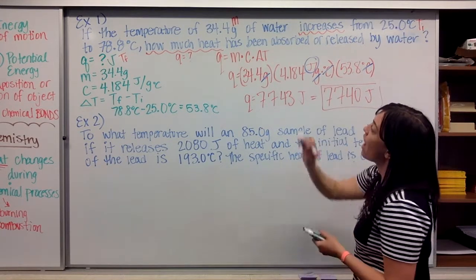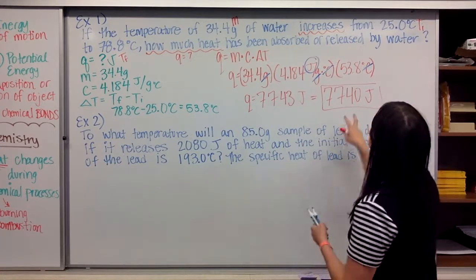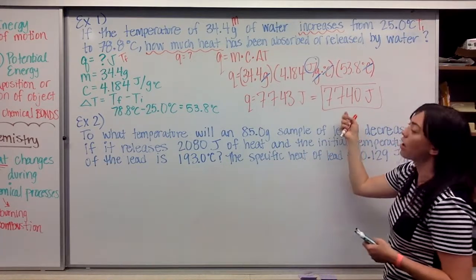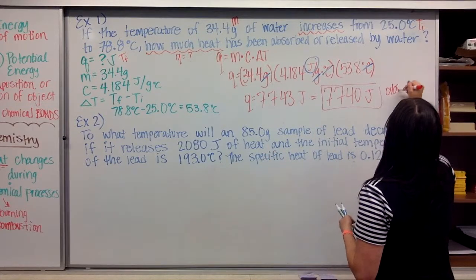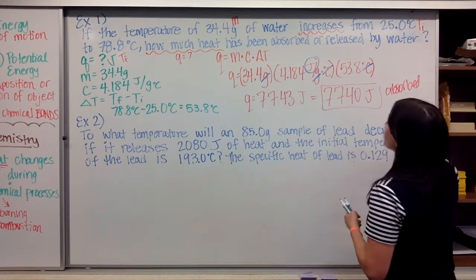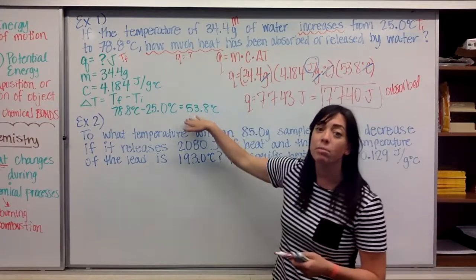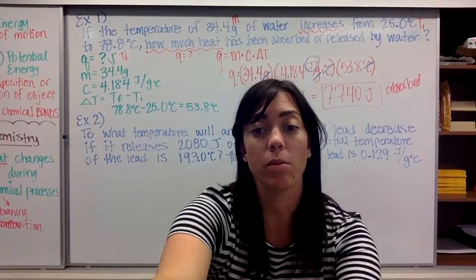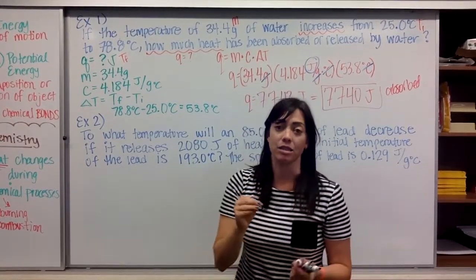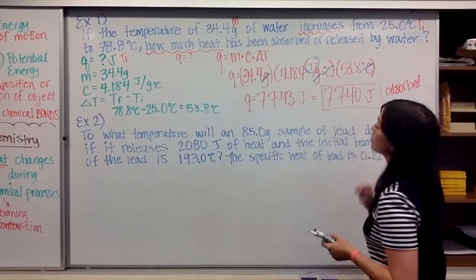Okay, so that is how much heat has been absorbed by the water, because this is a positive value. Now you can probably realize right away that the change in temperature is what is going to determine whether or not we are absorbing or releasing heat. Okay, so that many joules are absorbed.